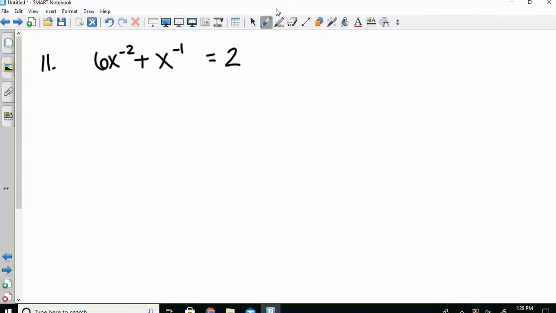Okay, so there are two ways of doing this one. In answering questions, most people rewrote it. What does a negative exponent do? Flip it. So the negative 2 is just on the x, so the 6 stays, but the x would go down to the bottom. X to the negative 1 would be 1 over x.